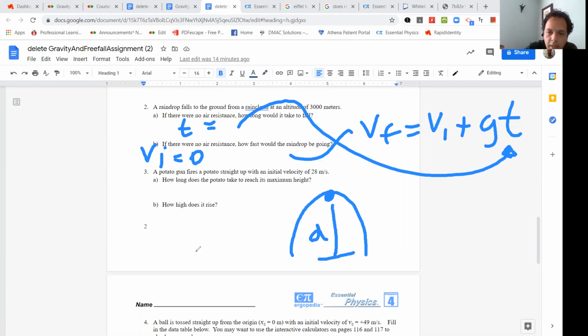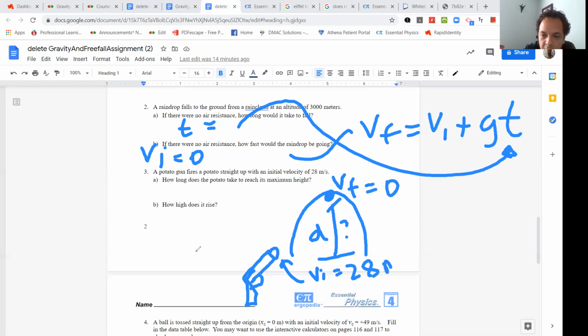We want to know, what is D? And we want to know on A, how long does it take to reach maximum height? Well, we know the final velocity is 0. We know the potato gun, well, anyway, they fire that potato gun, and we know the initial velocity is 28 meters per second.